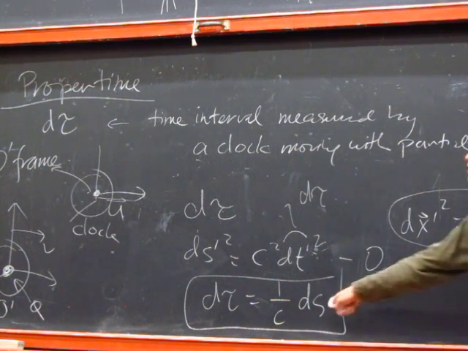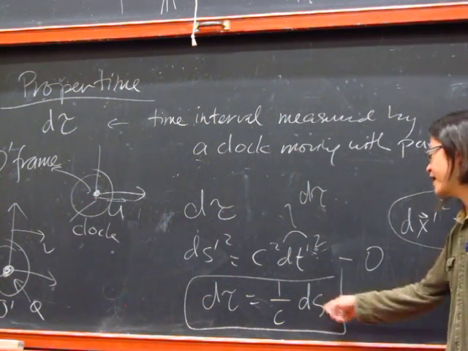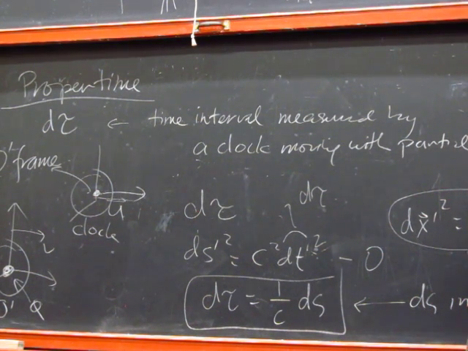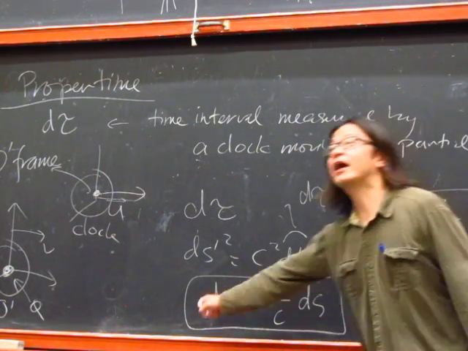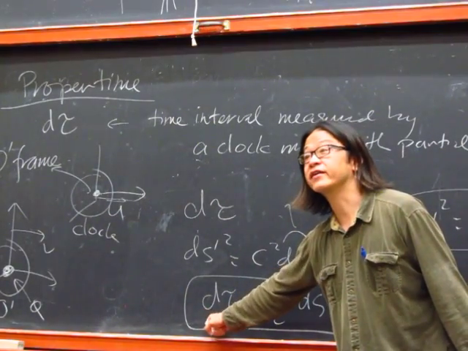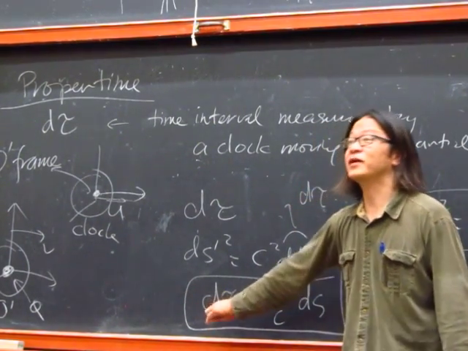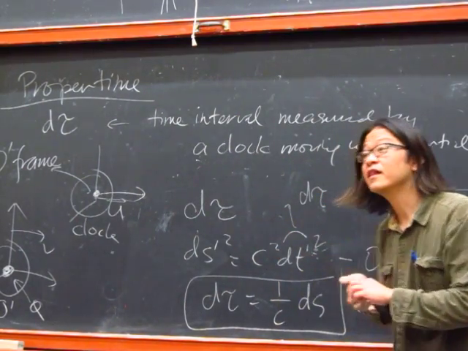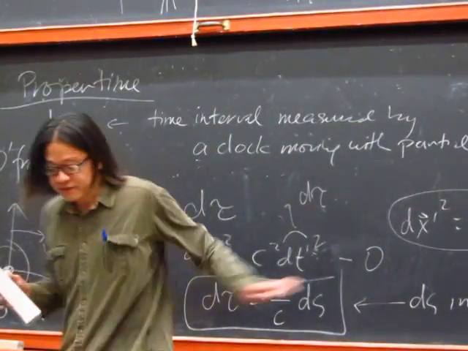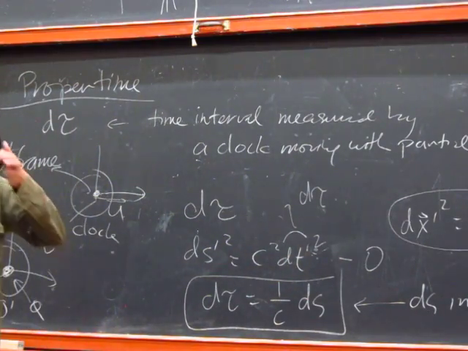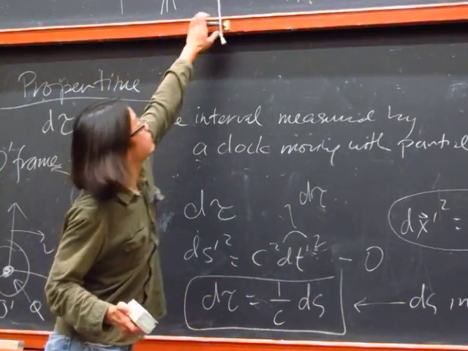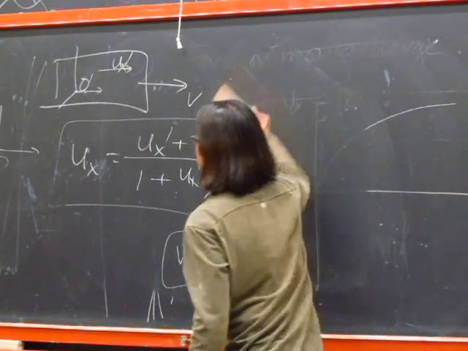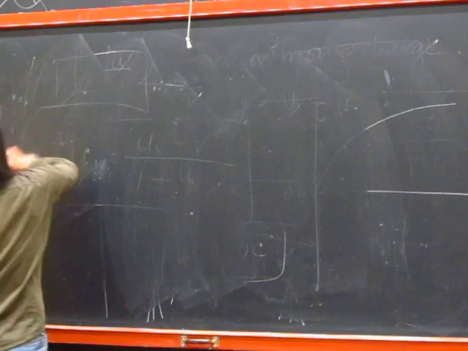So c tau is just ds over c, yes. And ds is always the same. It's invariant, right? So tau is always the same. Tau is also invariant. This is a special property of a clock that is attached to the particle. And there is a reason I want to do this. We're not doing much about further velocity addition because it's complicated.